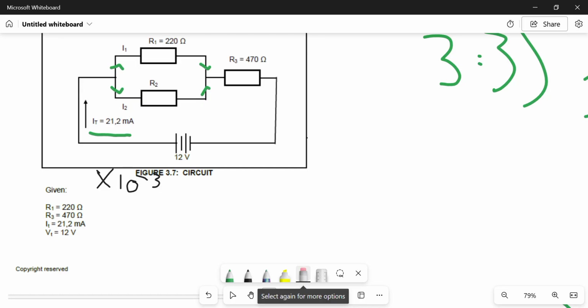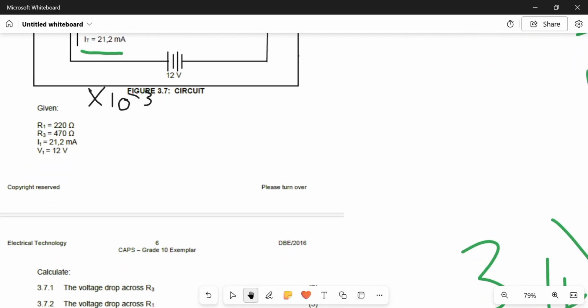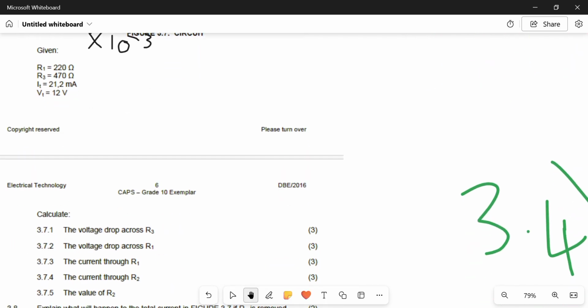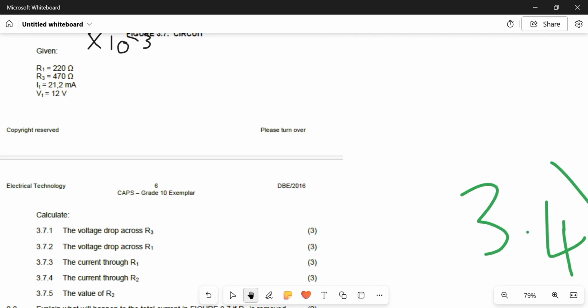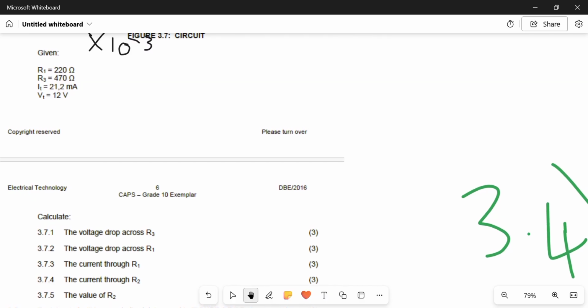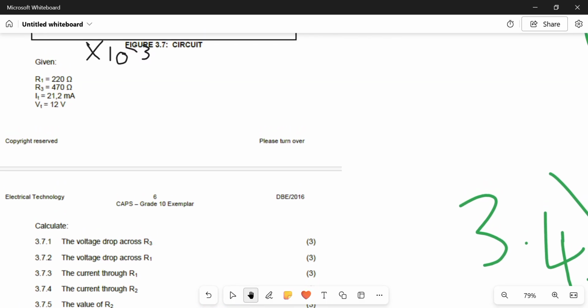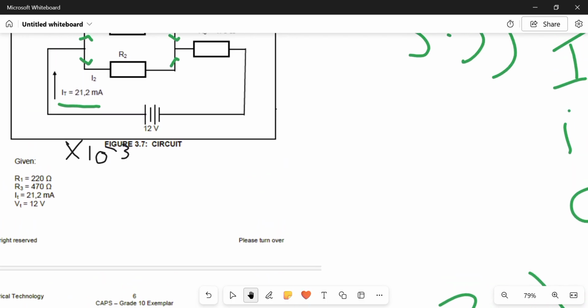Okay, now let's focus here on our calculations. Our first question, 3.7.1, calculate the voltage across R3.